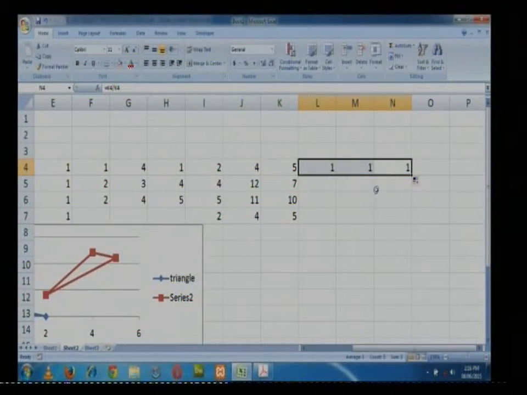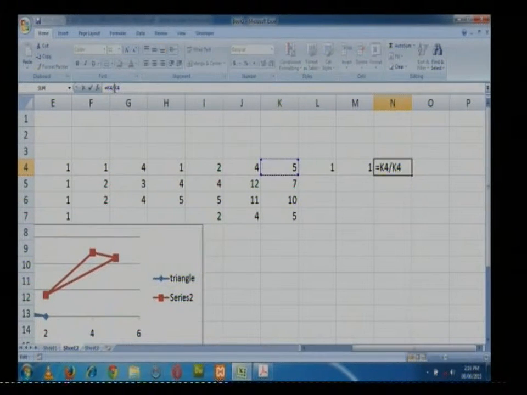Whatever I have, I require the 5 to become 1, so I have to divide by 5. So K4 by K4 means the same cell divided by the same cell, so that I get 1, that is my objective. But other cells also I have to divide by K4, which is 5, otherwise the values will change.